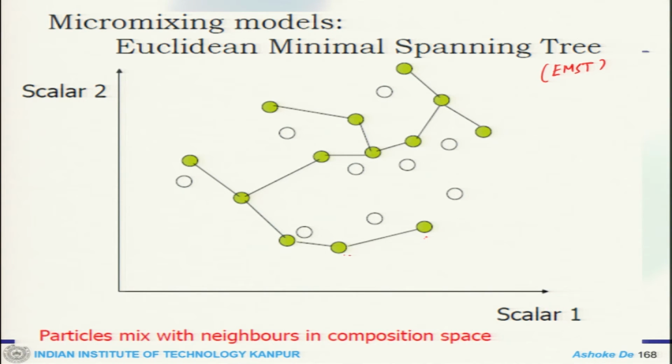That's why it's called the Euclidean spanning tree or minimal spanning tree. So they look at the immediate neighbor and try to pair with it, and then form this tree, which in a larger sense helps to find the mixing model constant.